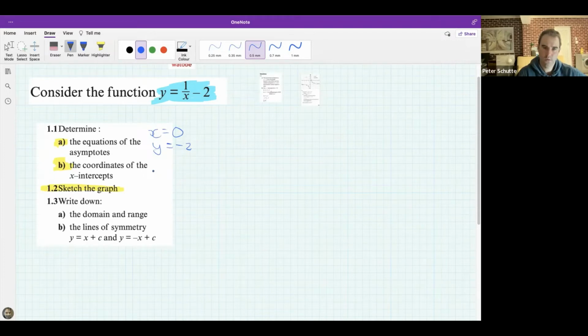Whenever we find the x-intercept, we have to remember the rule is the same for all functions. We just need to make y equal to 0. So we can start by doing that, but now we still need to solve that equation.